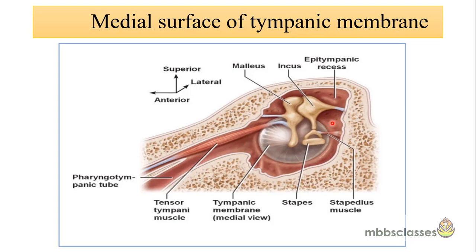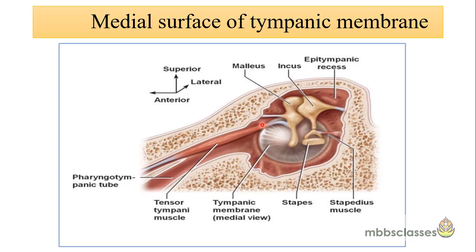So this tympanic part of the temporal bone, or the tympanic sulcus, is the bony sulcus, which is like a seat for this tympanic membrane. But as you can see in this diagram, this bony sulcus is not present in the superior part.